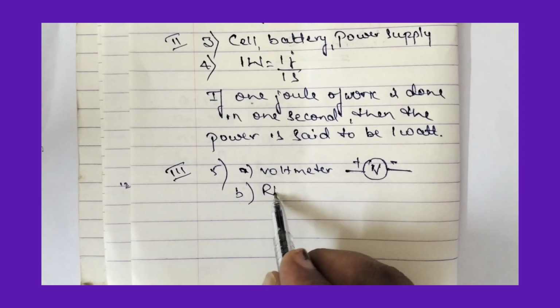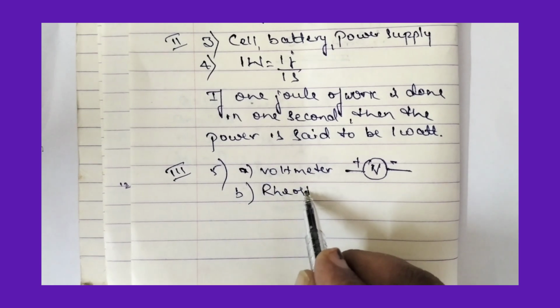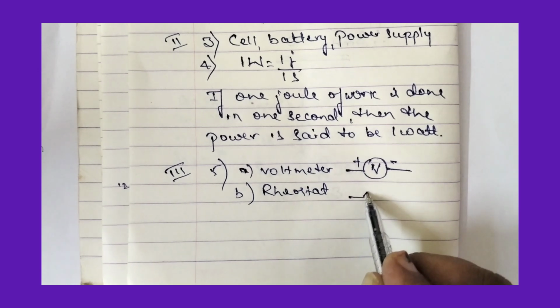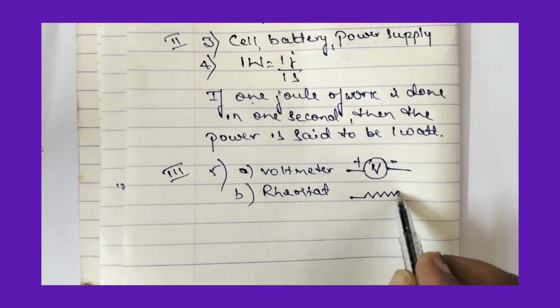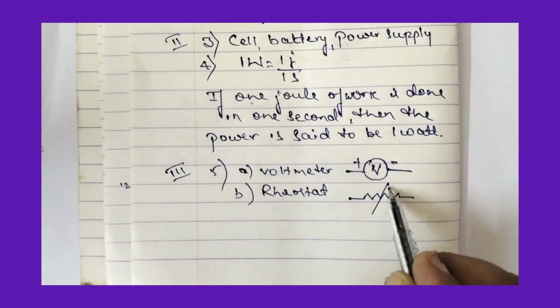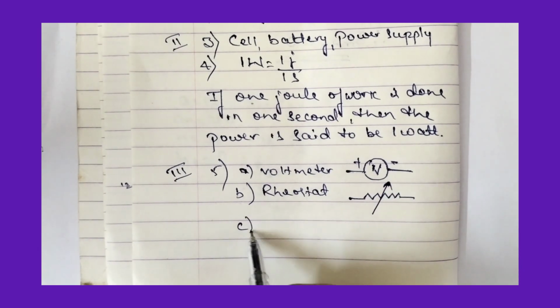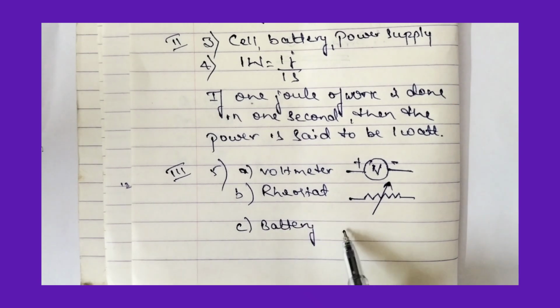Then rheostat. Rheostat is also called a variable resistor. So this is the variable resistance or rheostat. Then the third one is battery. So how to draw the battery?